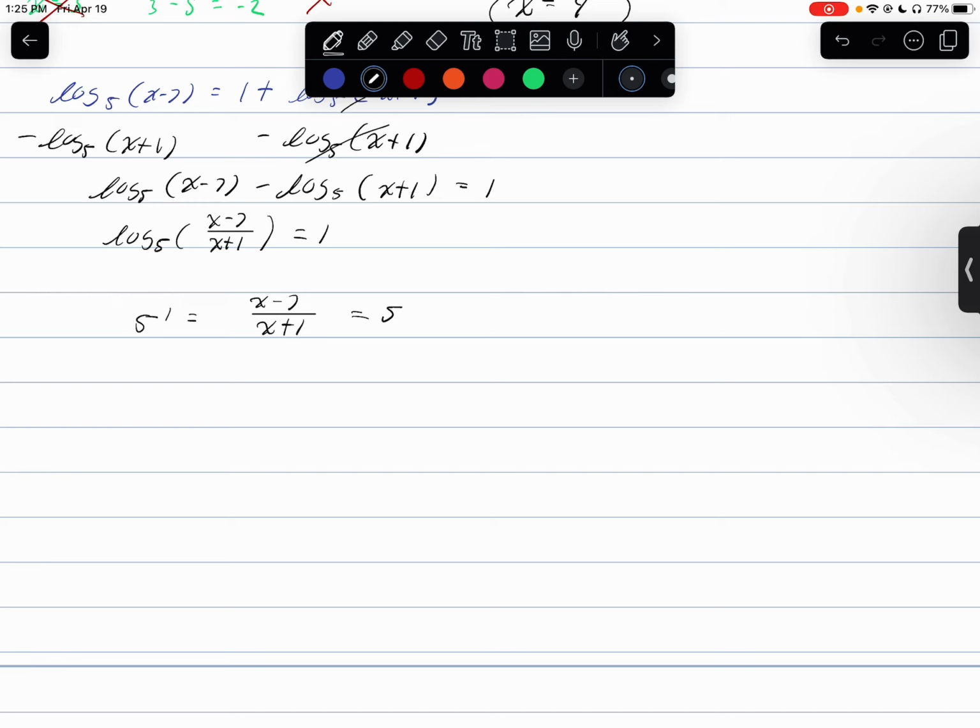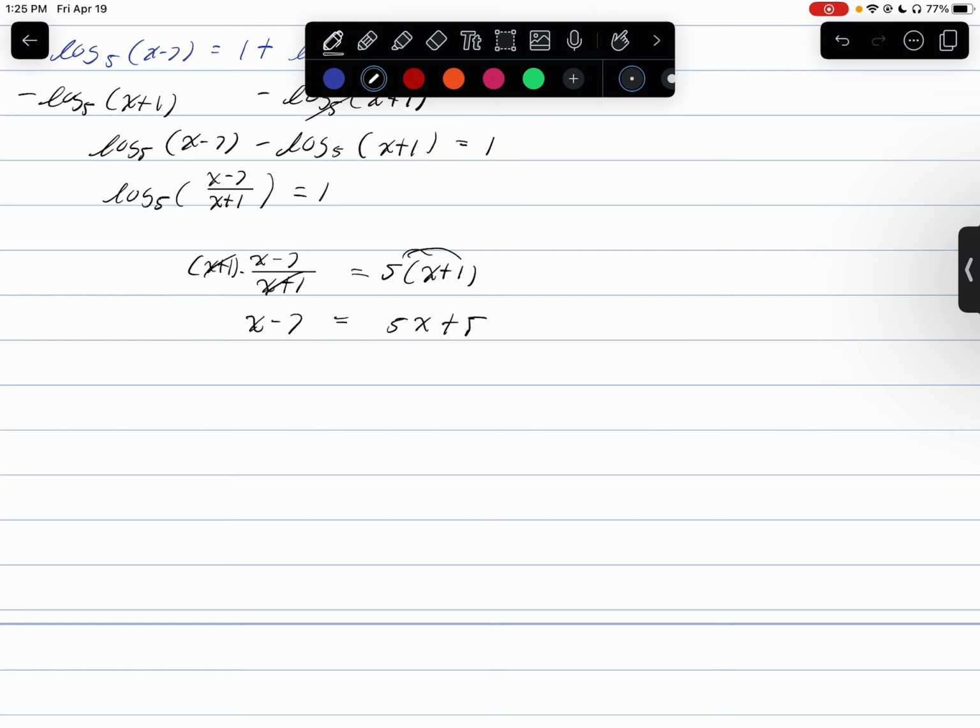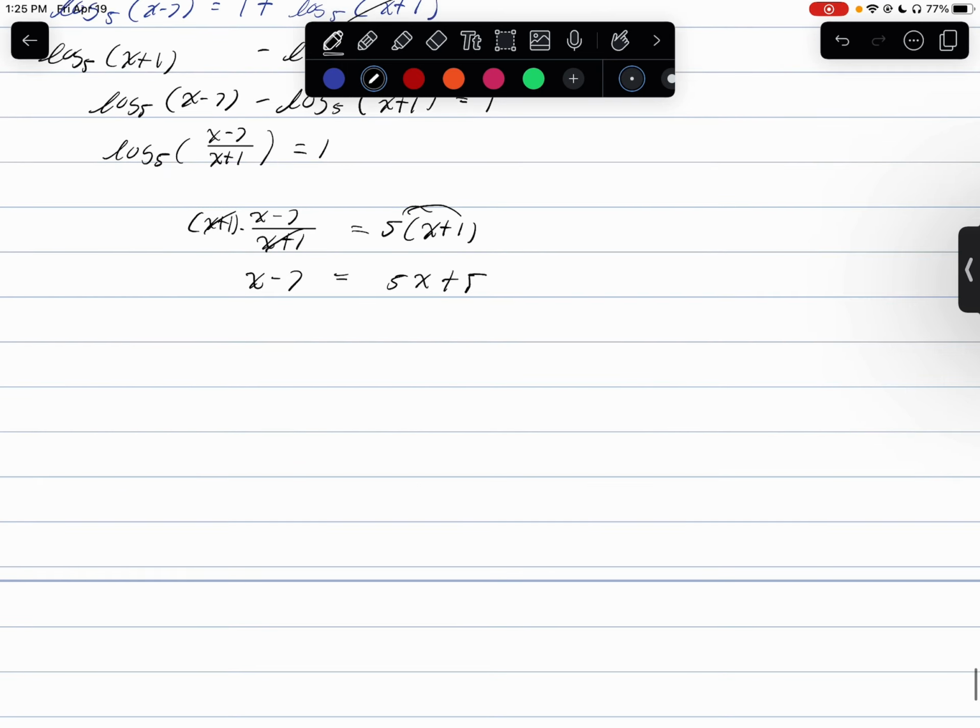Now what we can do is multiply both sides by x plus 1. So we have x minus 7 equals, distributing here, 5x plus 5.